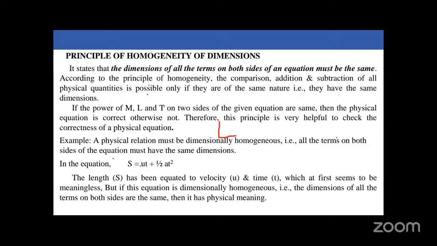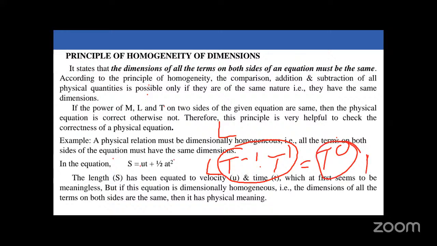Now, U is velocity, which is L T minus 1. U is multiplying a T, UT. So we add another T to it. If we simplify this, this is T raised to minus 1 times T raised to 1. So that would be T raised to 0. Minus 1 plus 1 will be 0. Anything raised to 0 is 1.